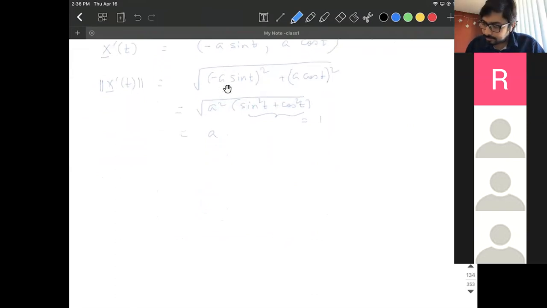And hence the length in this case is the integral from 0 to 2 pi.